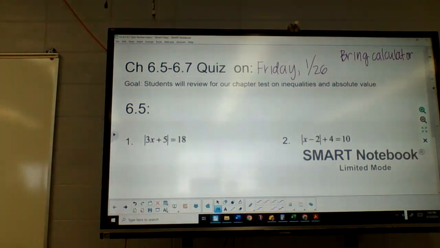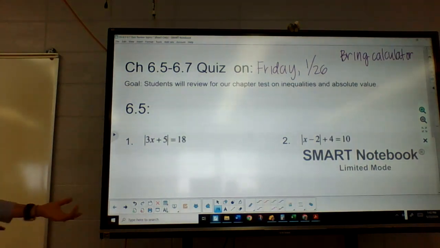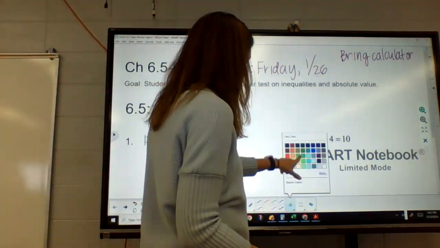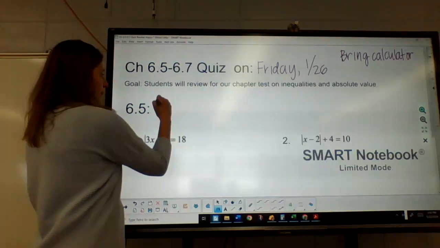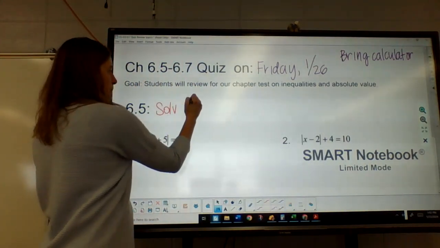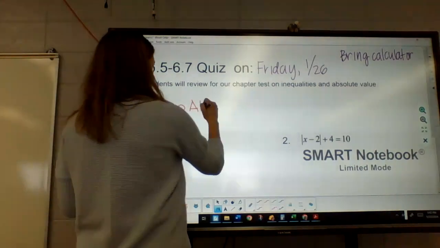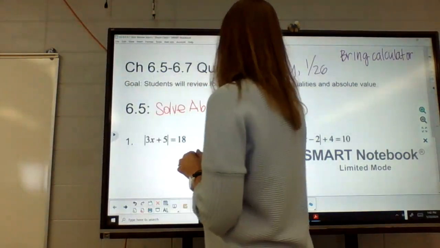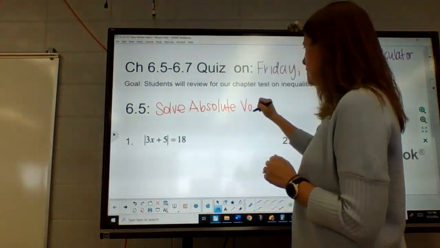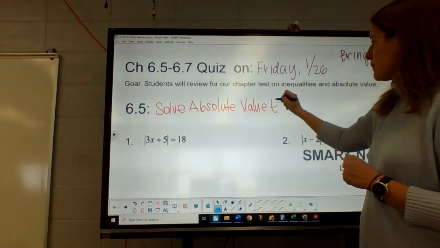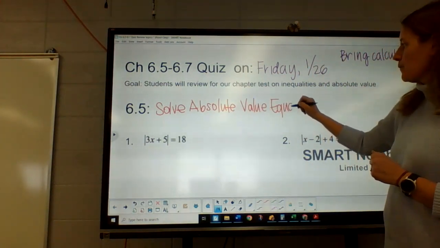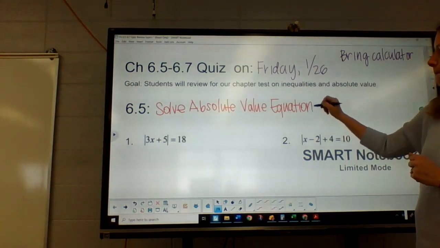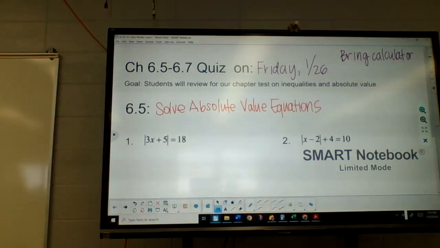In section 6.5 is where we first talked about absolute value, solving absolute value equations. And you recall, this is where we came up with the fact that we can have up to 2 solutions.